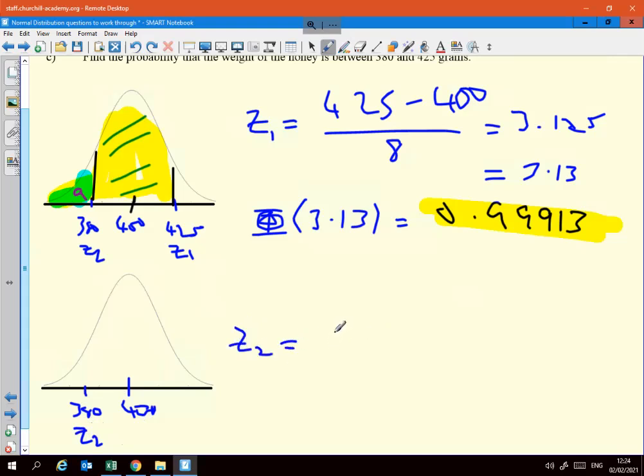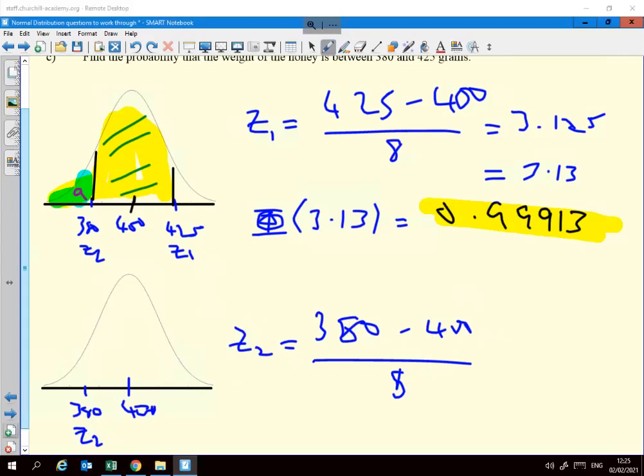It's worth bearing in mind right now, this is very much at the top end of difficulty for the core maths course. So if you're sticking with it, you're doing very well. This is 380 minus 400 all over 8. That's minus 20 over 8.